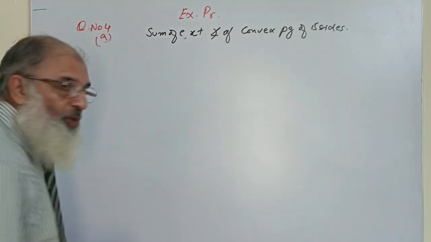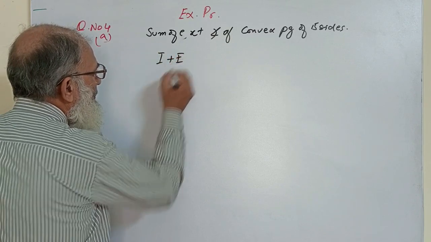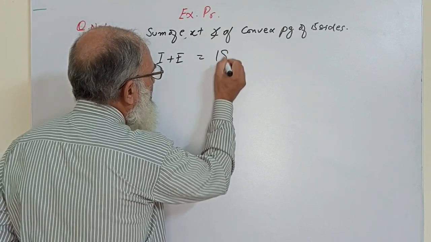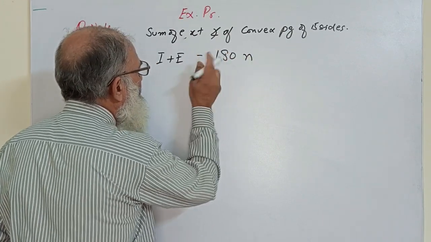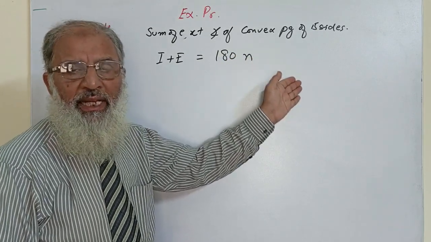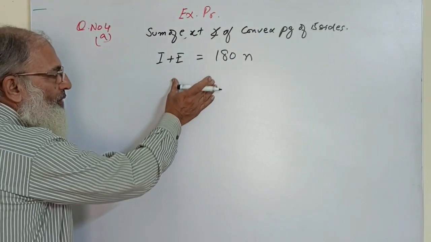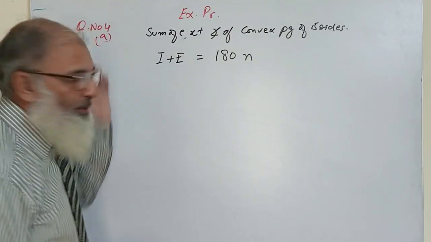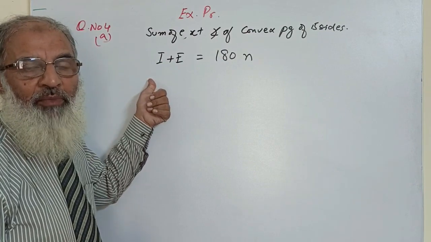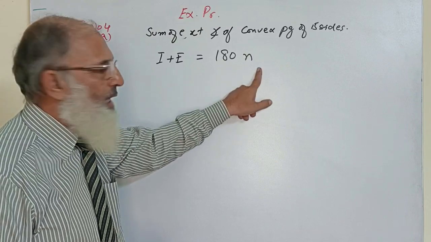Now the formula for the same was I plus E is equal to 180 n, and the sum of the exterior angles of a polygon remains 360. As I told you in my past lecture, I plus E, where I is the sum of interior angles, E is the sum of exterior angles, and n is the number of sides.